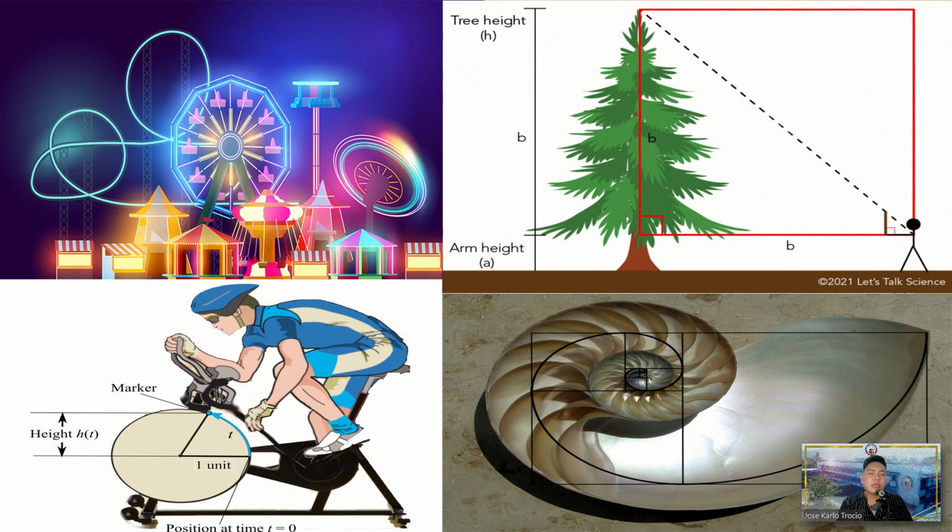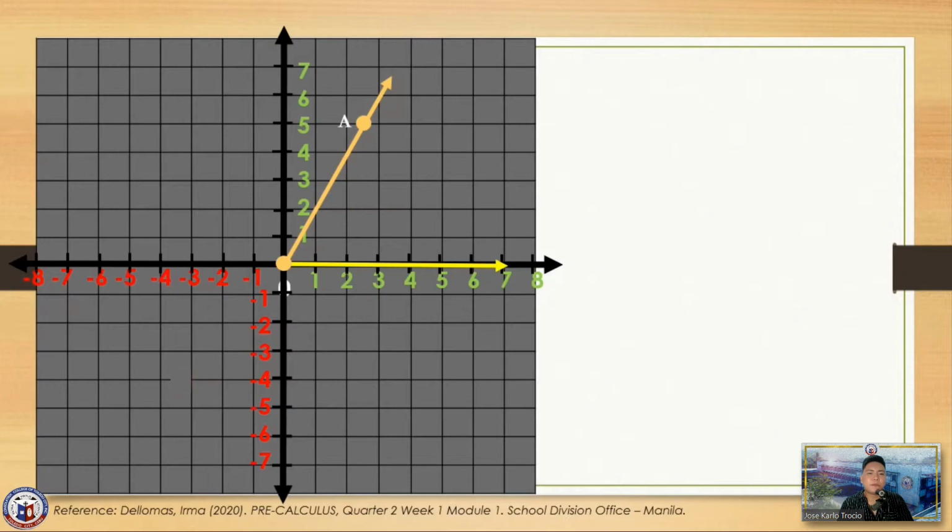We will be learning more about angles and trigonometry. As you know, tri means three. Trigonometry is more on the angles, the geometry of triangles, which is very helpful in the fields of engineering and architecture.